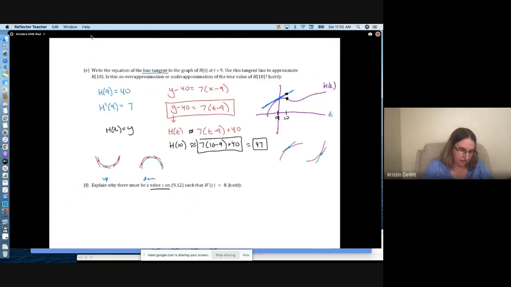So I need to figure out at 9, I need to know what h double prime at 9 is. What is the concavity at 9? So how are we going to determine that?